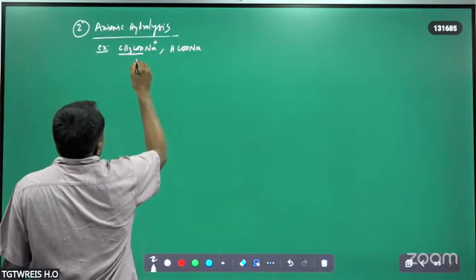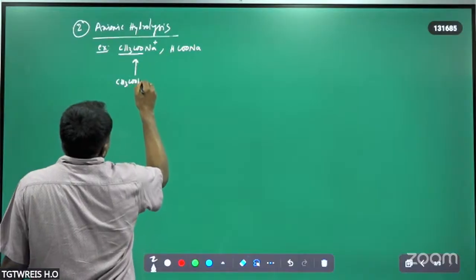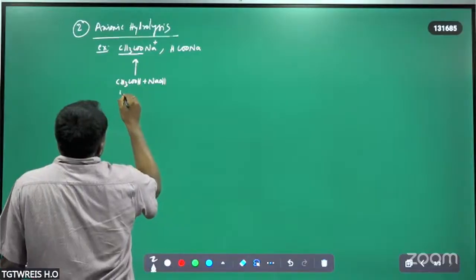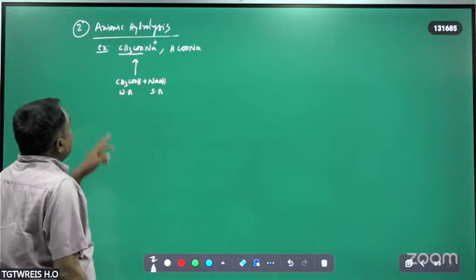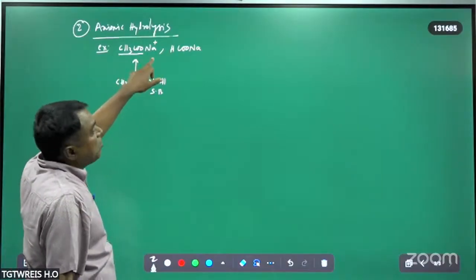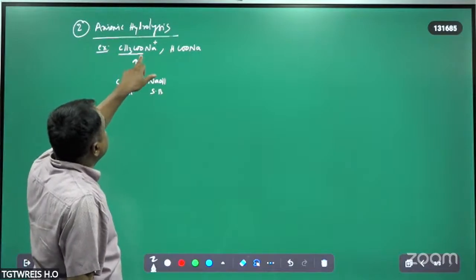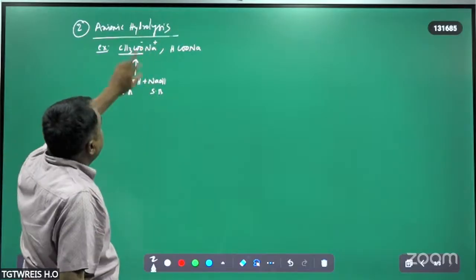These salts are formed by mixing weak acids plus strong bases. So this is the weak acid and this is the strong base. So by mixing weak acid and strong base, you will get a salt like CH3COONa. In this, only the anionic part, CH3COO-, undergoes hydrolysis.